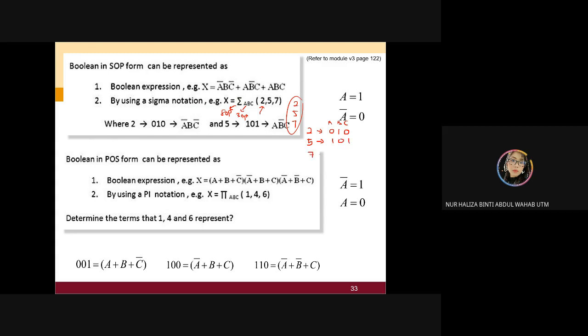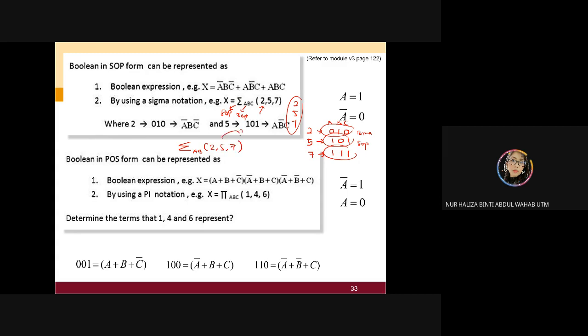If you have 7, you will get 1, 1, 1. These are the binary conditions for your SOP Boolean expression. In this question you were given only sigma A, B, C, 2, 5, 7.